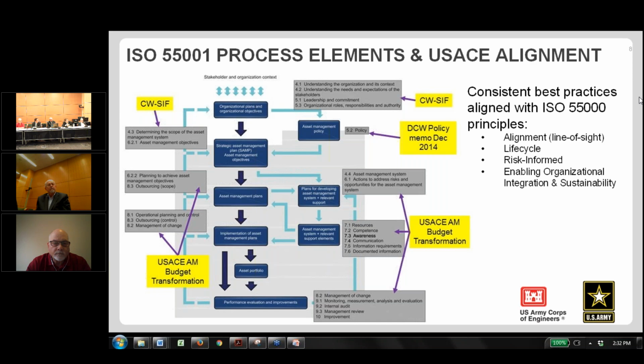However, the flip side of that was we're putting together information on our condition, we're trying to get our data in good shape, and we're trying to tie the facility footprint to the mission. What's the mission dependency of the facilities? What's critical?